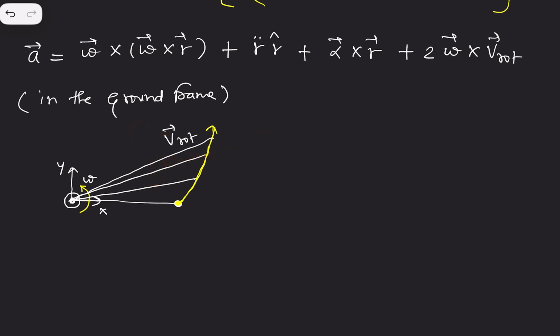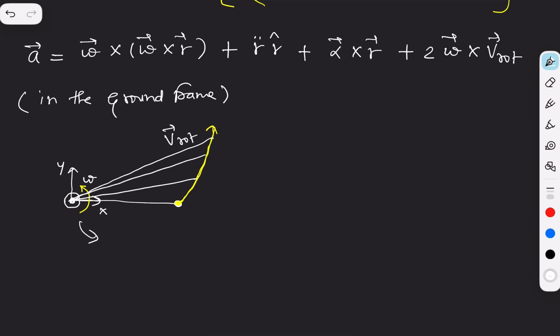So if you are sitting in such a rotating frame, which acceleration are you going to observe? In this case you are going to observe the acceleration equal to r double dot r cap. This is the thing that you are going to observe.